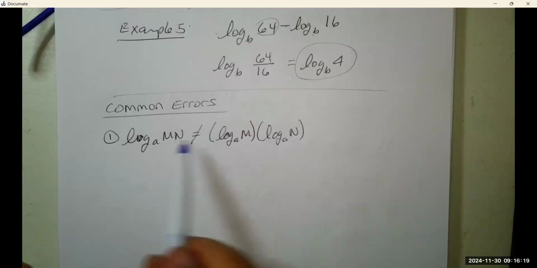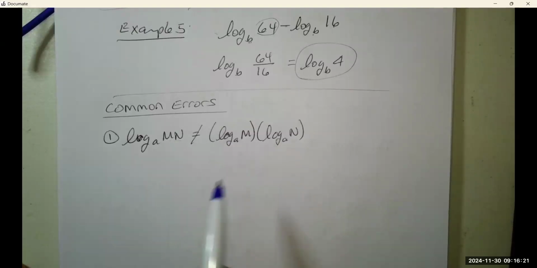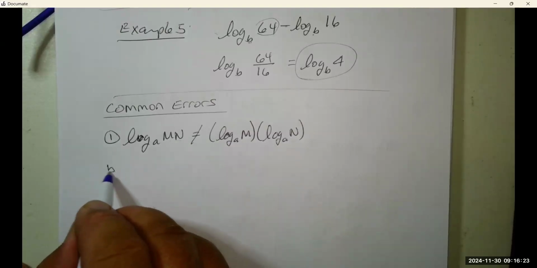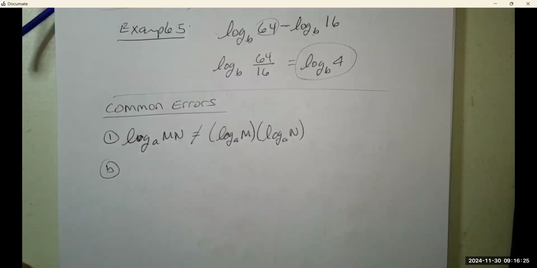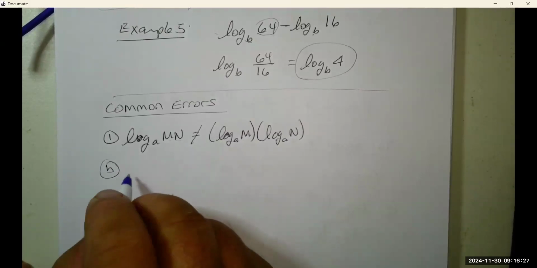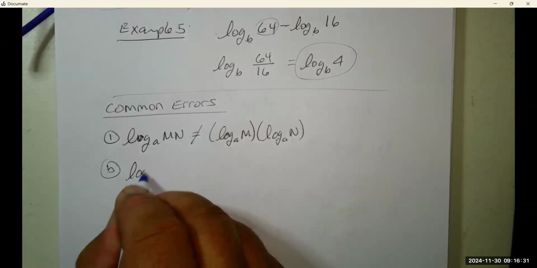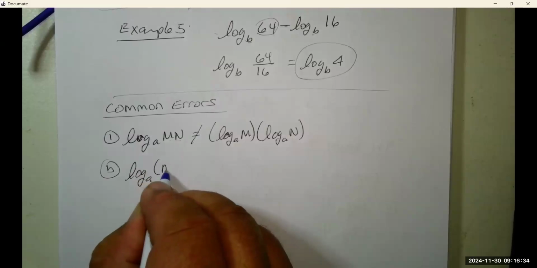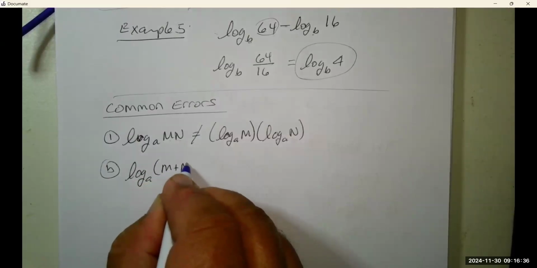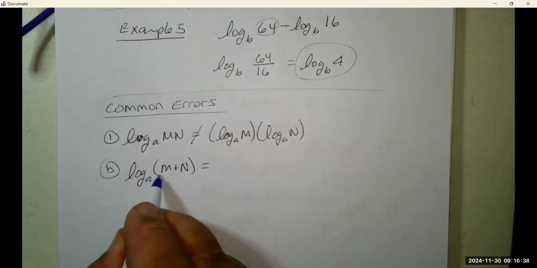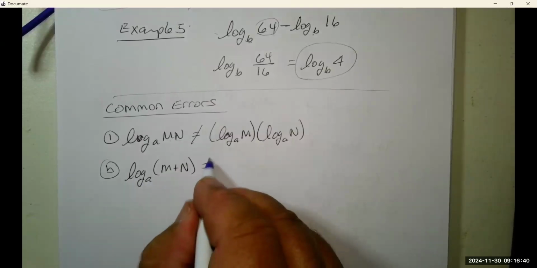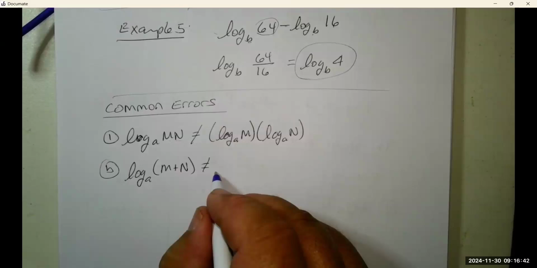Since you're multiplying them, we have to add them together. All right. So if we had a combination log of m plus n, we cannot do that. We cannot split those up.